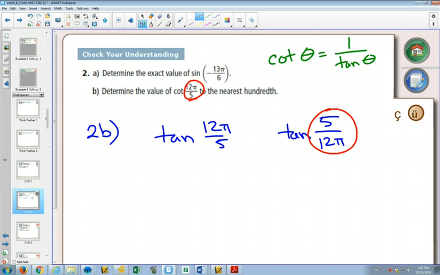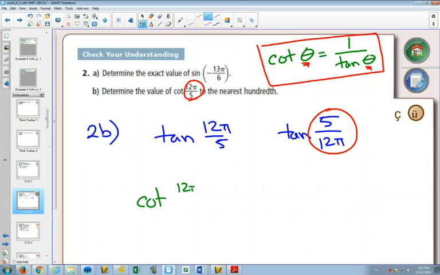But the key thing here, when we look at the actual definition, does the angle change at all? The angle here is theta. It's still here as theta later. So when I want to actually figure this out, cotangent of 12 pi over 5 is going to equal 1 over tangent of 12 pi over 5.